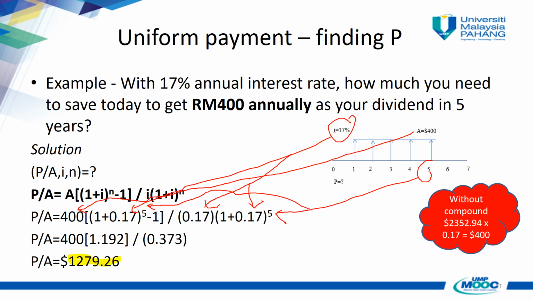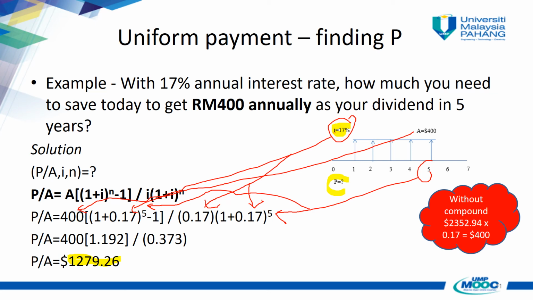It means that we must have 1,279 ringgit so that after 5 years with 17% interest rate, we will be paid 400 every year.